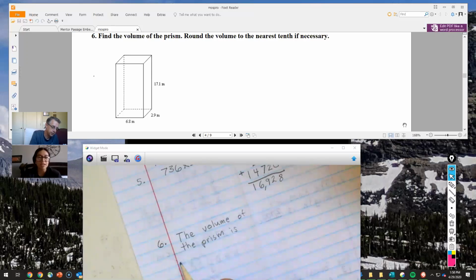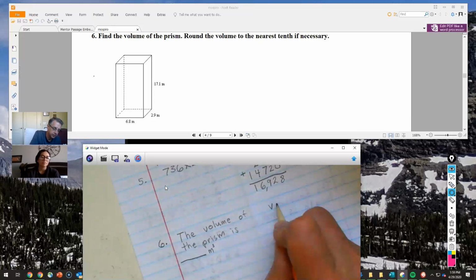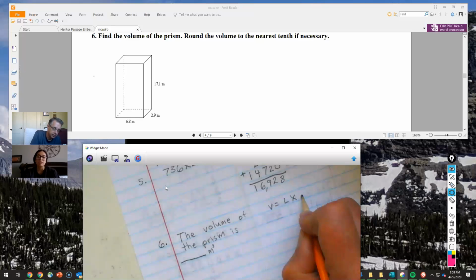And then it looks like it's in meters. And remember, when we are finding volume, it's always going to be cubed. So make sure you put that little 3 next to your M, just like Mr. Yates did right there. So our formula when we're solving for volume is going to be length times width times height. So make sure you guys write V equals length times width times height.